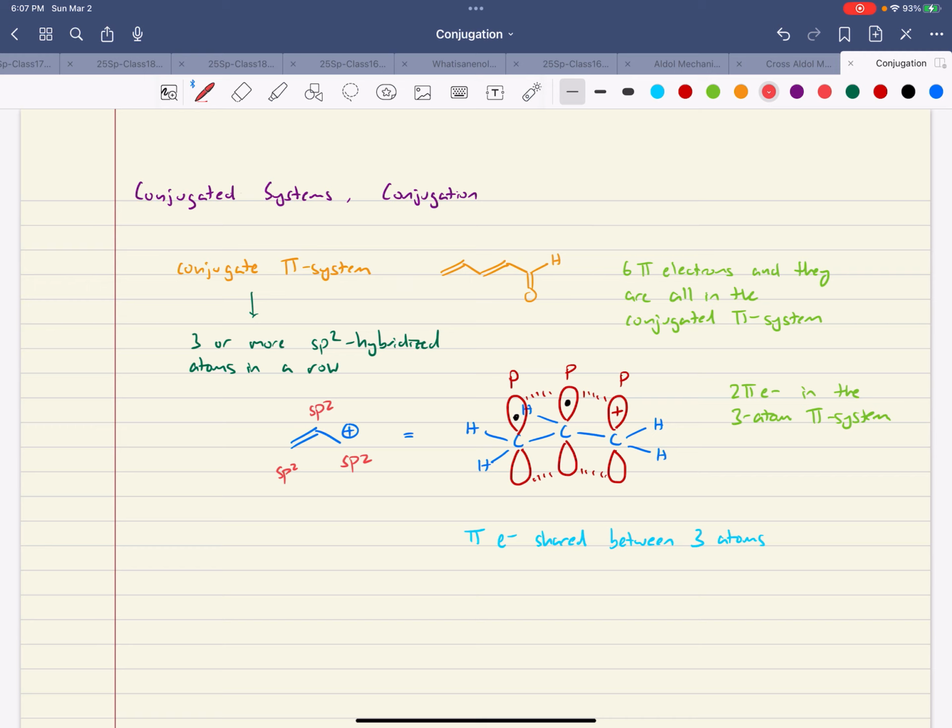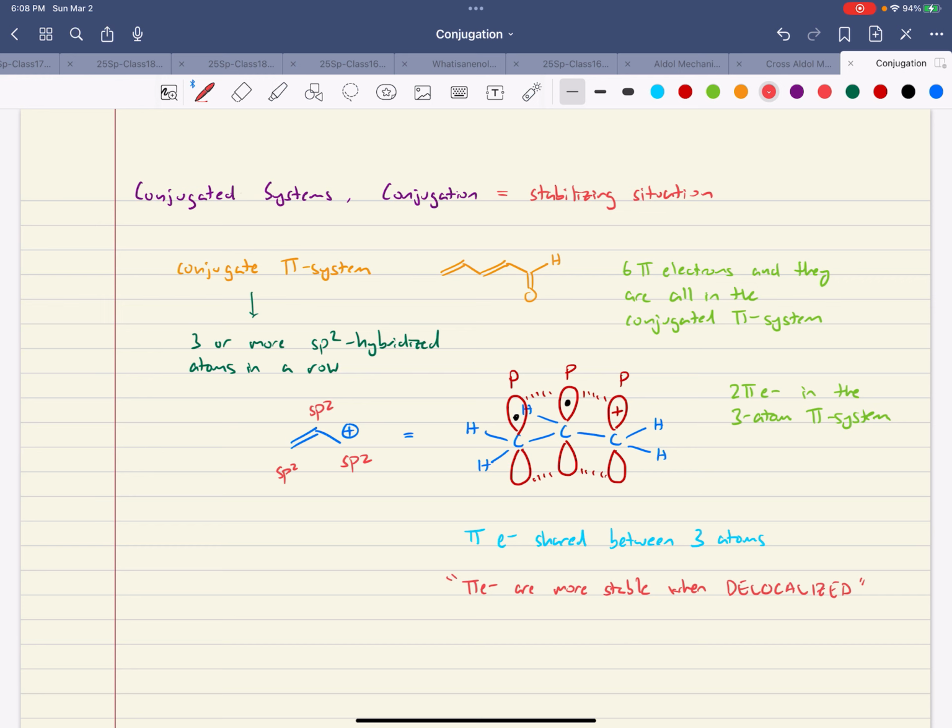Here the pi electrons are more stable when, remember the word delocalized? Delocalized. That's the stabilizing effect. And so conjugation is a stabilizing situation.